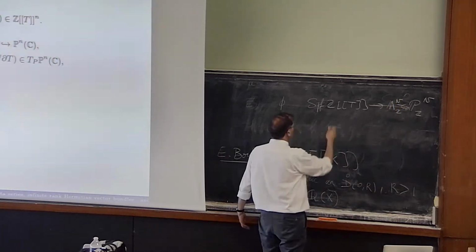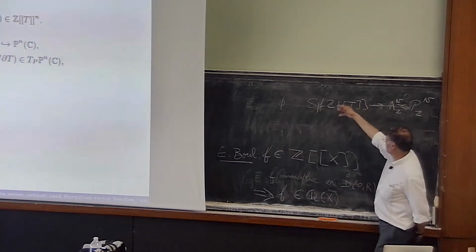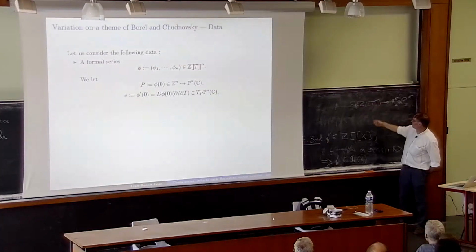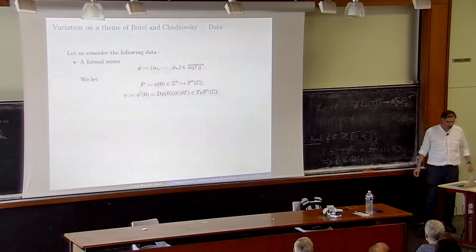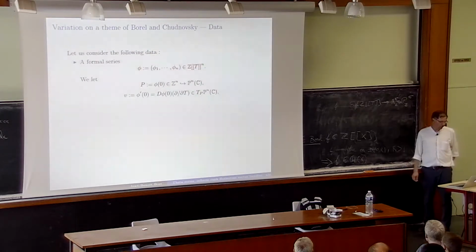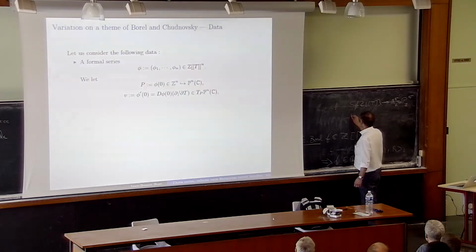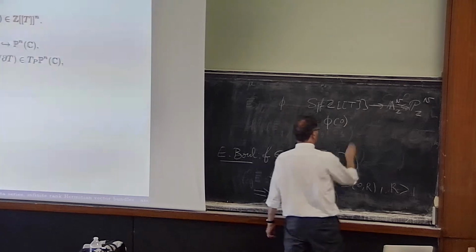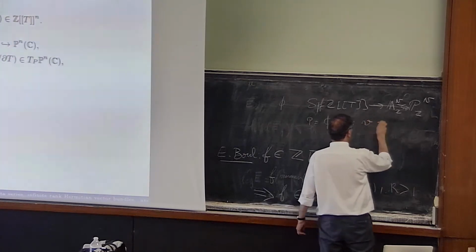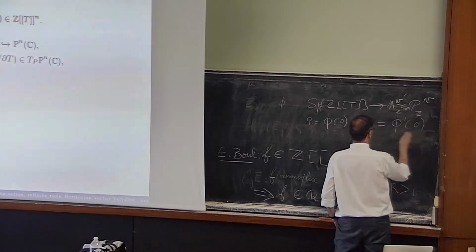Now, for instance, here you have the scheme of definition. Let's call it 0. So it sends 0 to phi of 0. That is a point in the projective space that I can see as a point in the complex space. So you can consider P, the origin of this formal curve, and also its derivative that I assume to be non-zero.